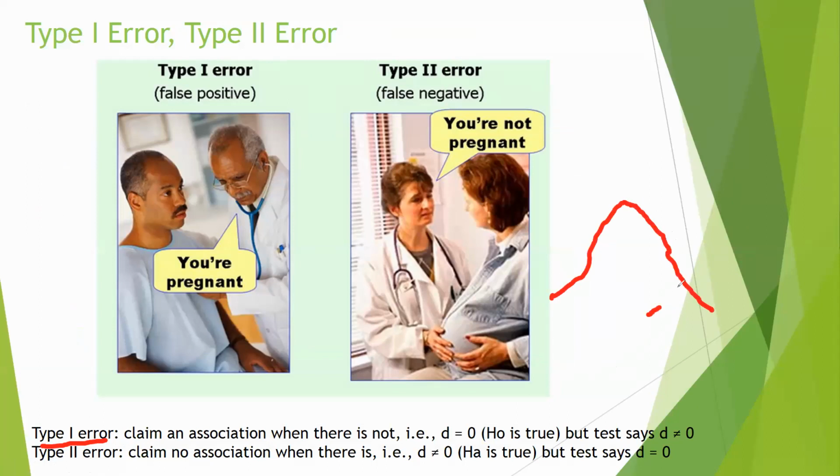When we do hypothesis testing, the test statistic can follow two possible distributions, right? This one is called H naught, the null distribution, and this distribution is the alternative hypothesis, the alternative distribution.